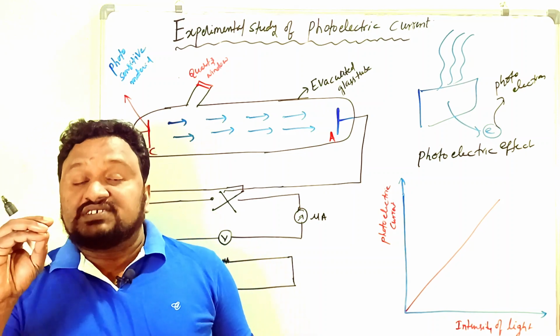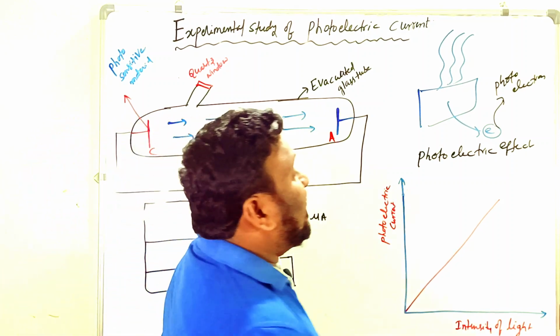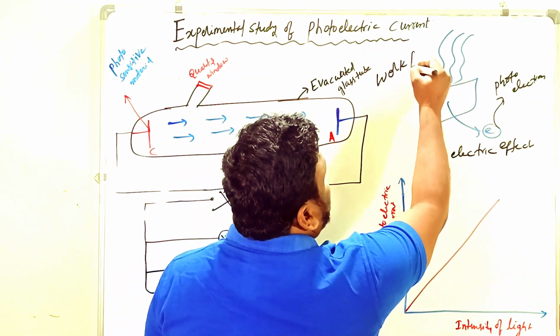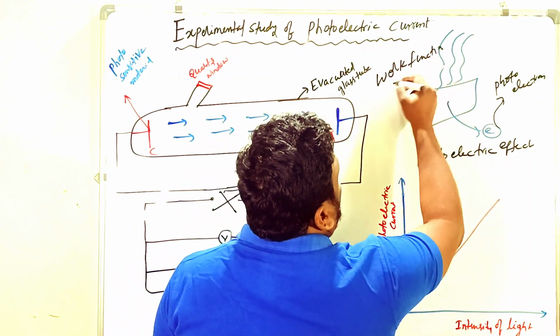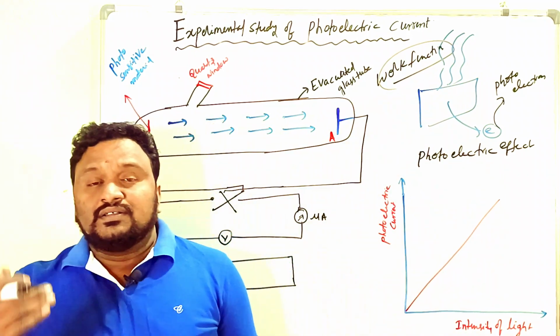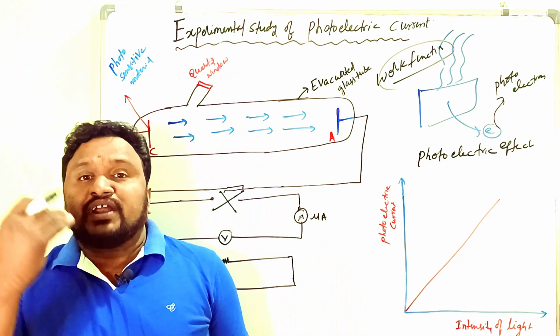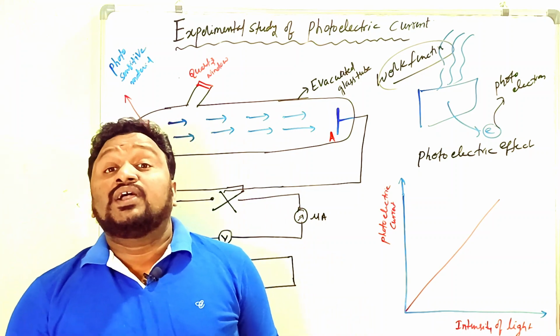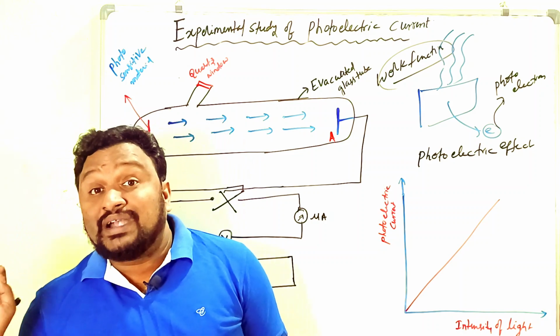So here, children, there is one word that is important for 2 marks also, that is the work function. What is meant by work function? Work function is nothing but the minimum frequency of radiation required to remove an electron from a metal surface.